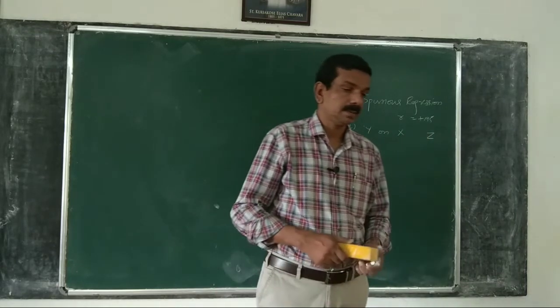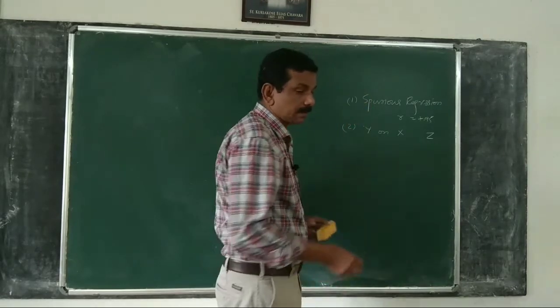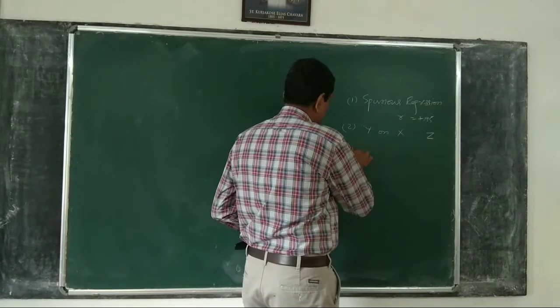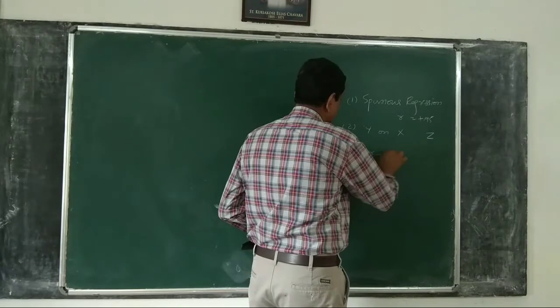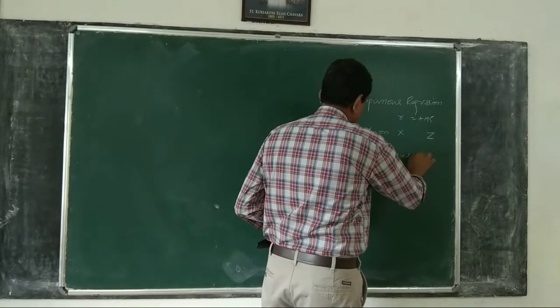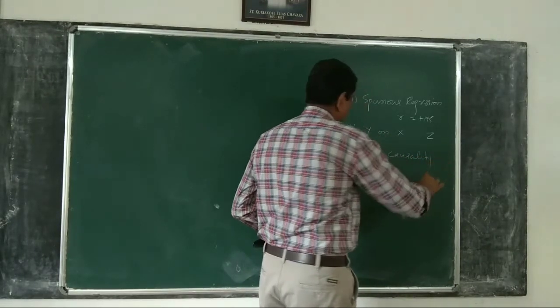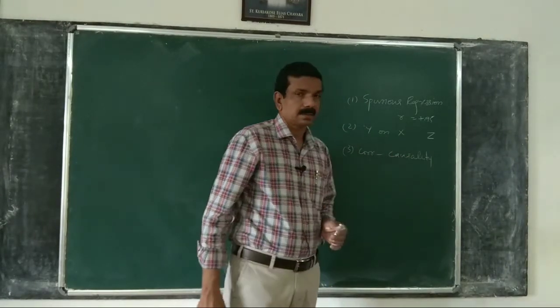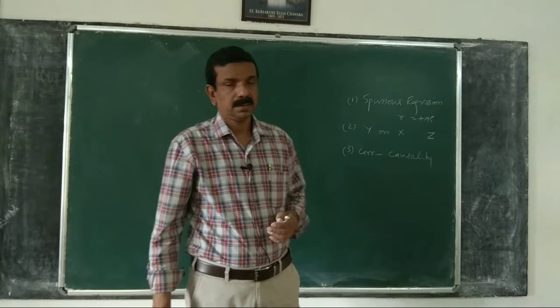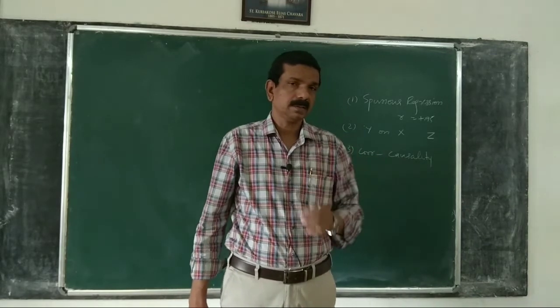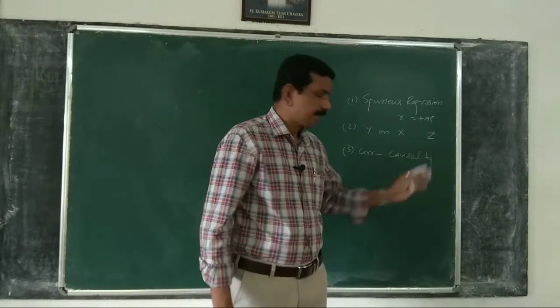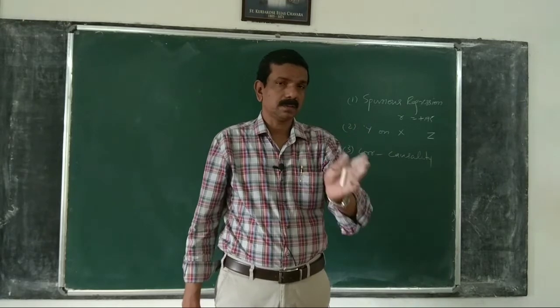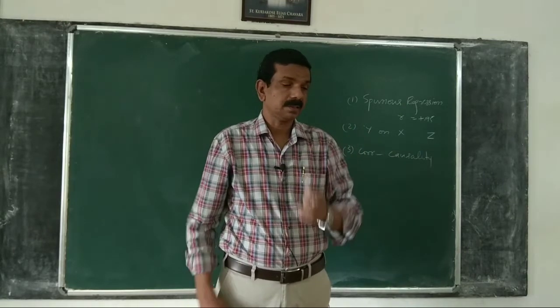Such a possibility is there. The third one, as we have stated earlier, correlation does not imply causality. Our idea of causality must come from outside econometrics. It must come from theory. Even if there is correlation, that does not mean that y is the cause and x is the effect.